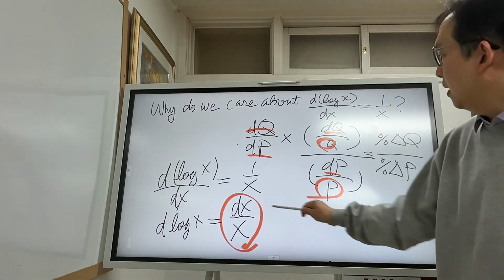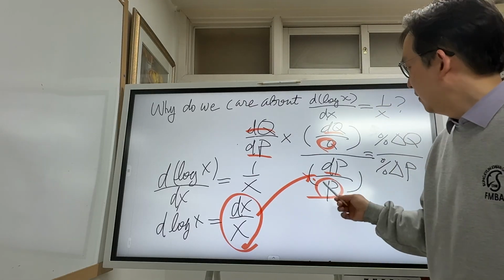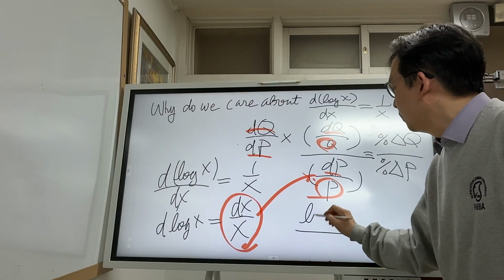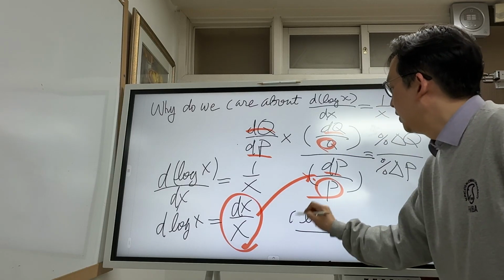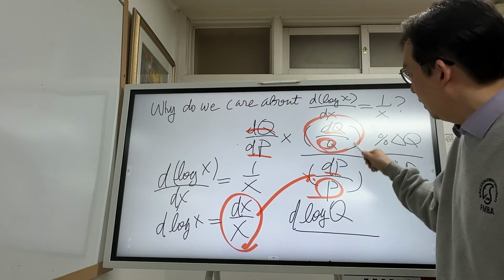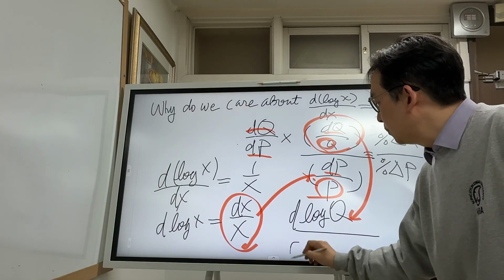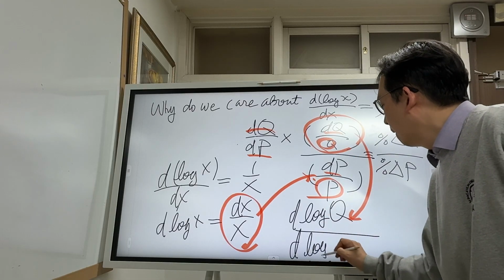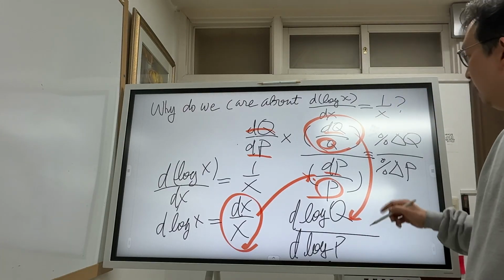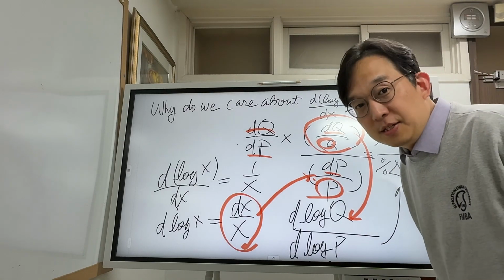Does it seem familiar? So this tells us that the numerator should be d log of q, and the denominator has to be d log of p. Make sense? So this is exactly the definition of elasticity.